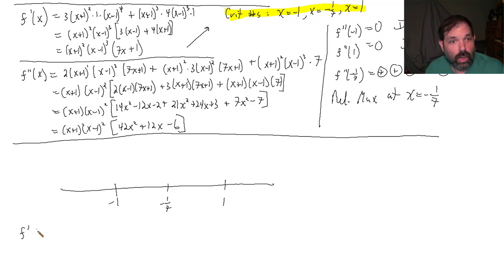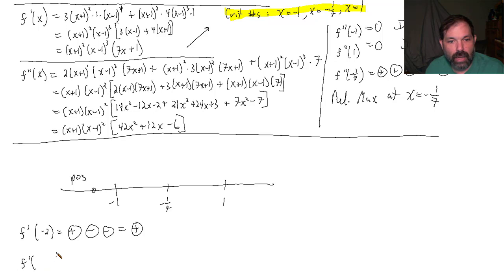And let's see, f prime at, how about -2. Using the factored form, I would have -2 plus 1 is -1 squared, which is positive. -2 minus 1 is -3 cubed, is negative. 7 times -2, that's a -14 plus 1 is negative. So then that's a positive.